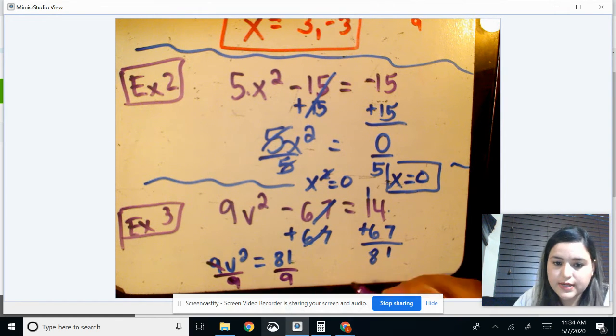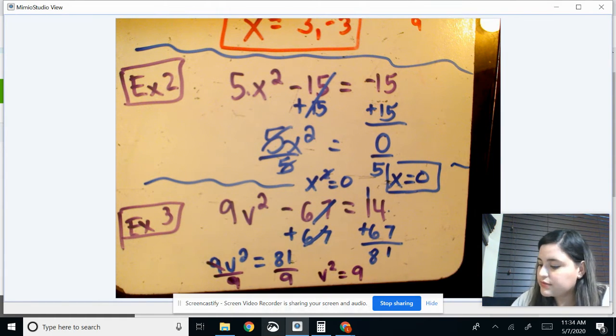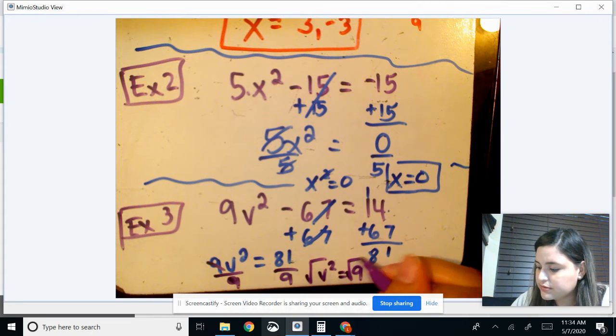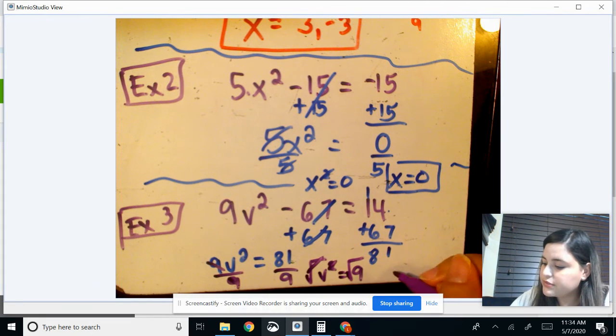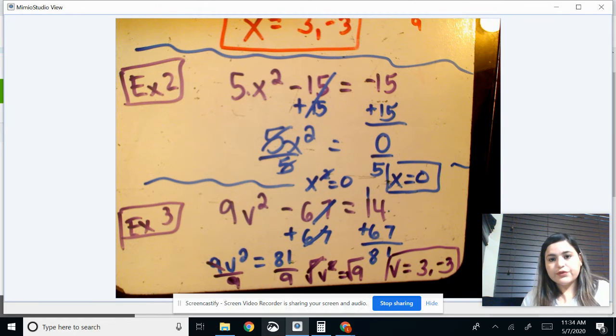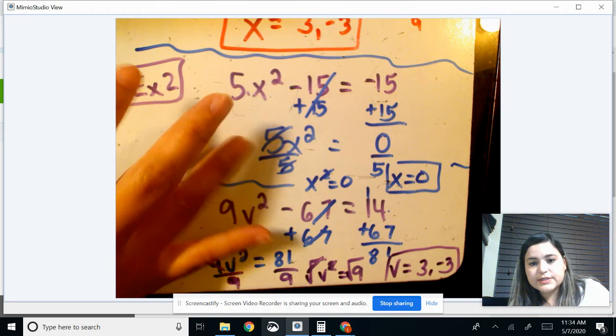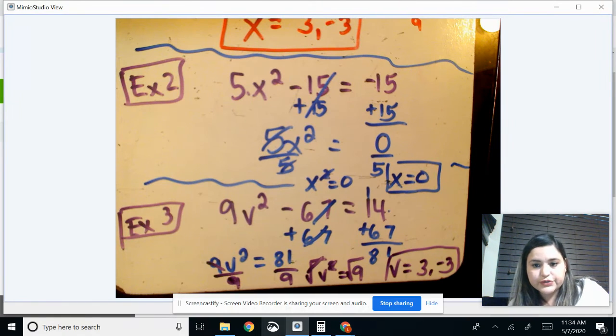And now you know that 81 divided by 9 is 9. So now I have v squared is equal to 9. Then I'm going to do square root to get rid of that squared. So now I have v is equal to the same thing that I had from the very beginning, 3 and negative 3. So I have 3 different ones: one of them gives me 2 solutions, this one gives me 0, and this also gives me 2 solutions.